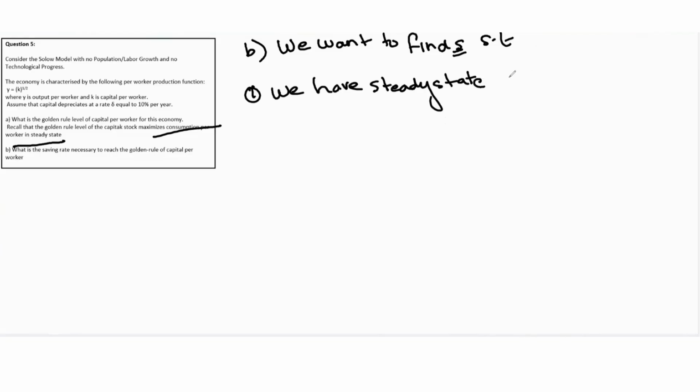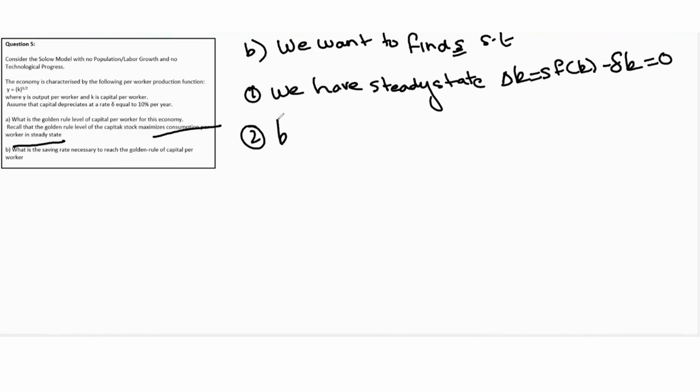So we have steady state, which means that delta k, which is s f(k) minus delta k, is equal to 0. We have steady state, which means that capital per worker is constant. And the change in capital per worker, by the capital accumulation equation in the basic Solow model, is investment per worker minus depreciation per worker, which is 0. This is the capital accumulation equation in per worker terms.